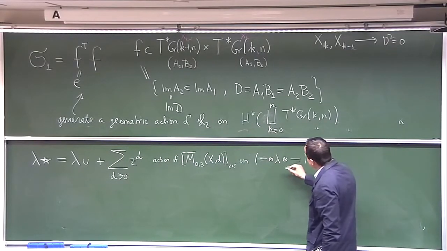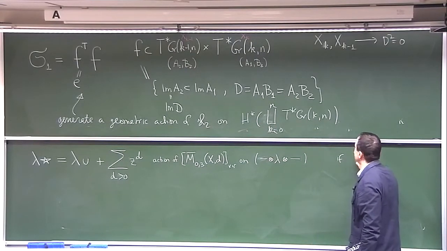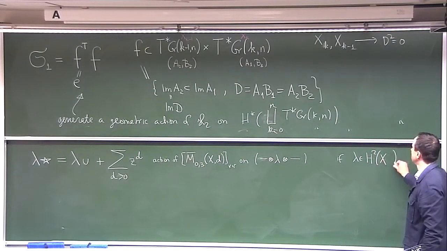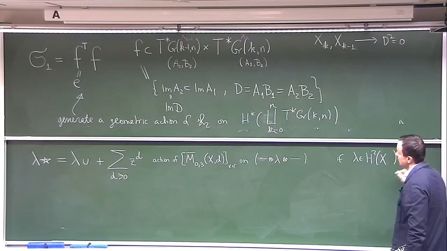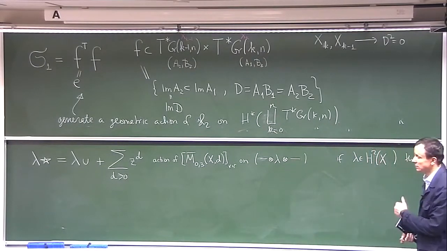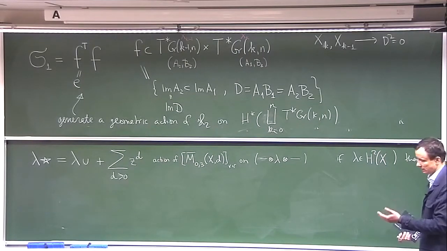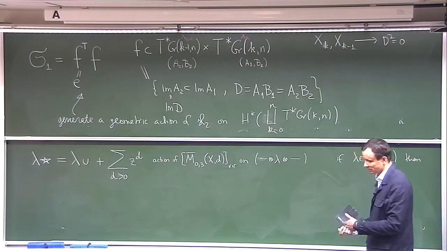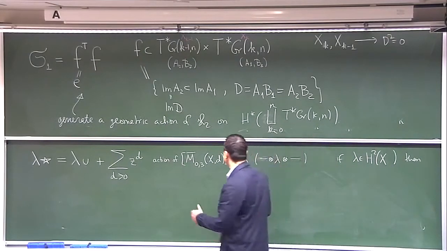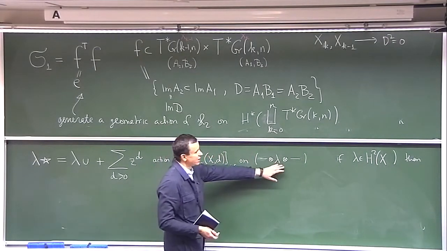And so now, if lambda is in H 2, the divisor, then this operator by what's called the divisor axiom, but it's really not an axiom. It's a simple theorem about curve counting, that this is a divisor you can take out of this.